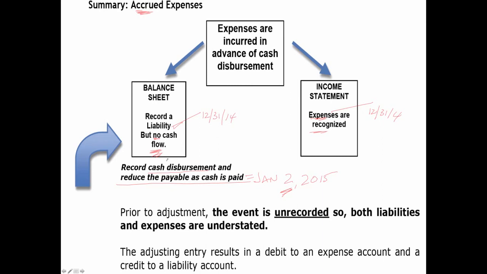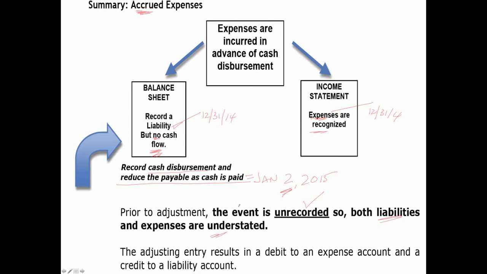So prior to the adjustment, we said that accrued expenses are expenses that are actually incurred, so you do owe somebody some money. They're incurred, however, they're unpaid, so there's a liability, and they're unrecorded, and hence you have to make the adjusting entry, debiting the salary expense and crediting the salary payable. So before the event is recorded, liabilities and expenses are both understated.